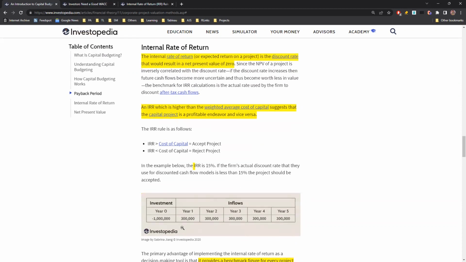For me to make all these 300,000 that I'm receiving for 5 years consecutively equate to the $1 million that I invested at year 0, what is the rate that I should use, which I'll call the internal rate of return, so that all these cash inflows will be equated with my investment?